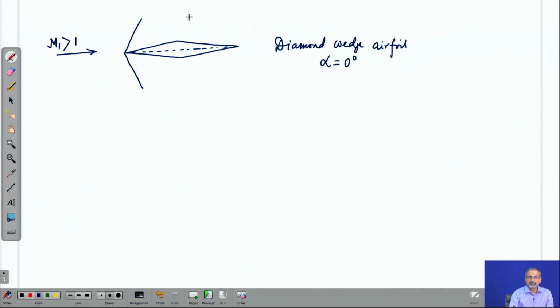Again, assuming that the deflection that is produced is lower than the maximum deflection permitted for that free stream Mach number. Let us say this is the maximum thickness of the diamond airfoil.